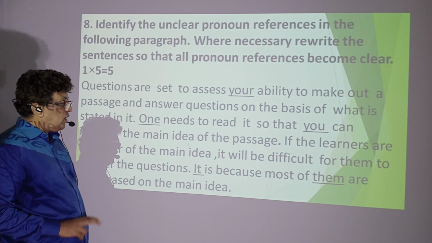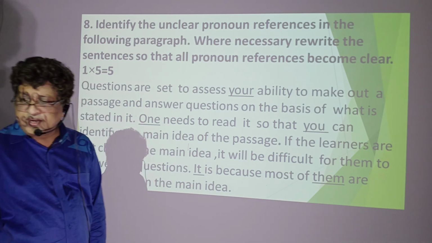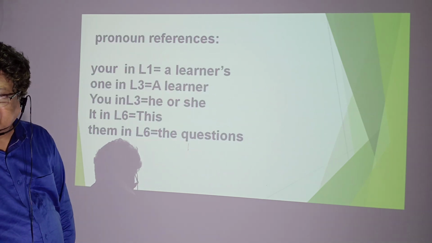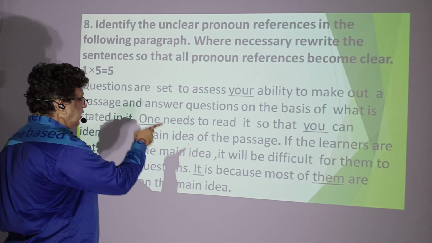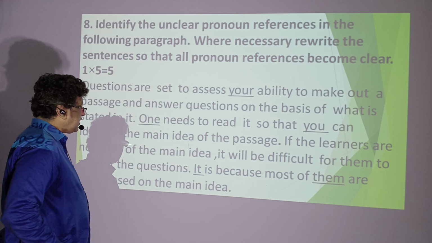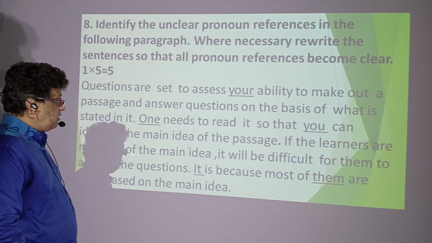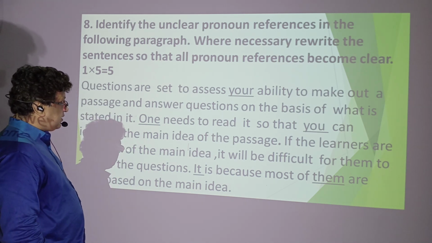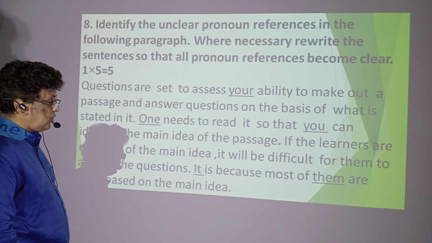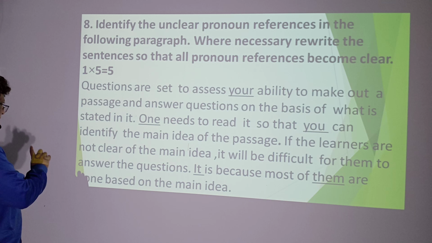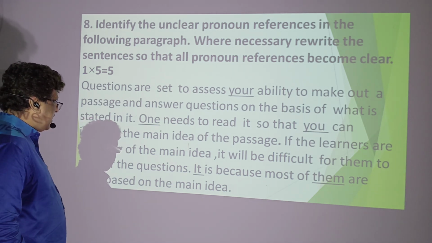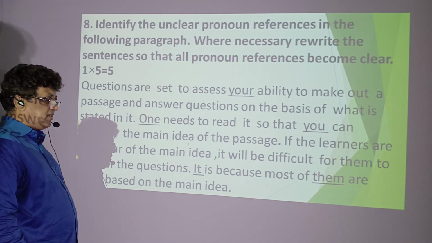One means, so from this perspective, one can be replaced by the same answer, that means a learner. A learner needs to read it so that you can be replaced by he can identify the main idea of the passage.